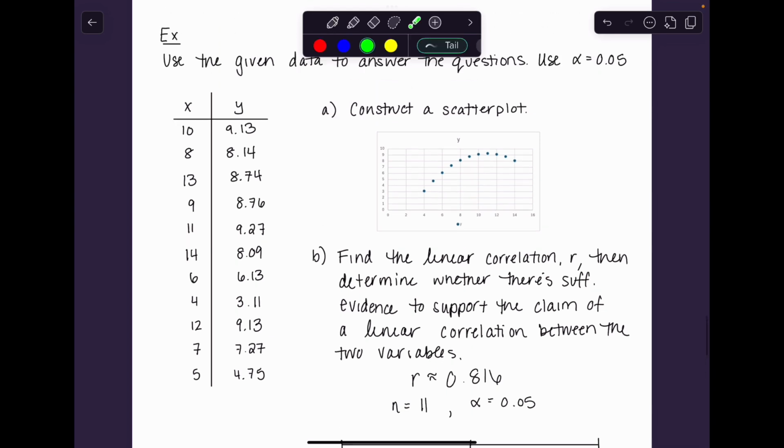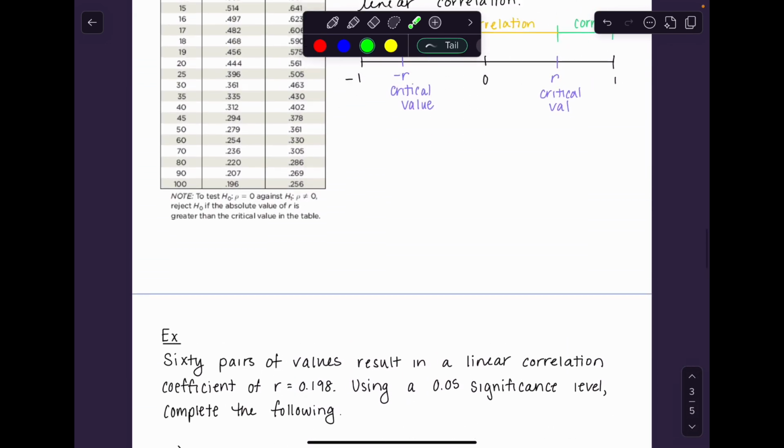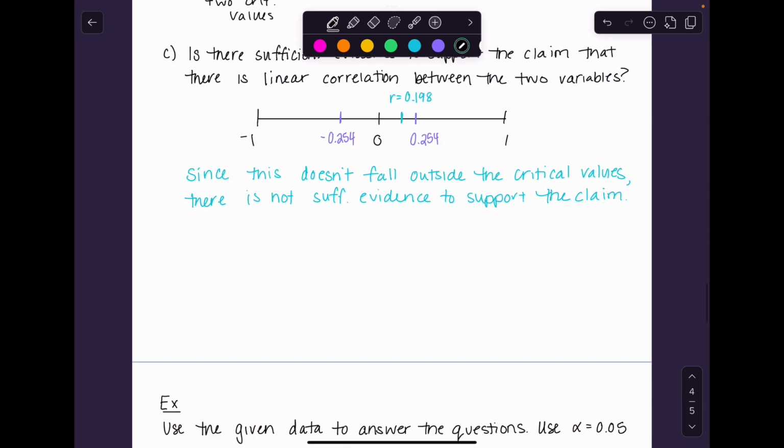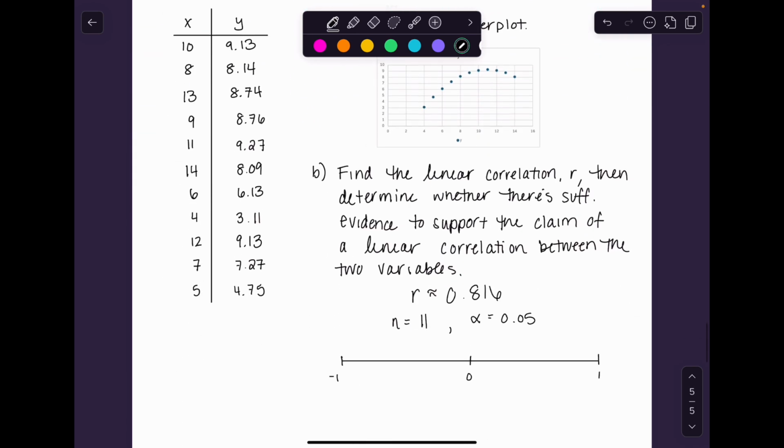We have n being 11, alpha is 0.05. So one critical value here is 0.602, and another critical value here is negative 0.602.